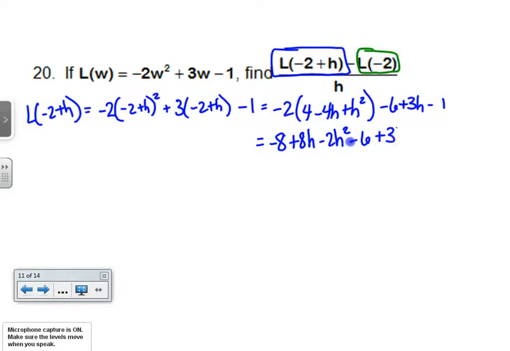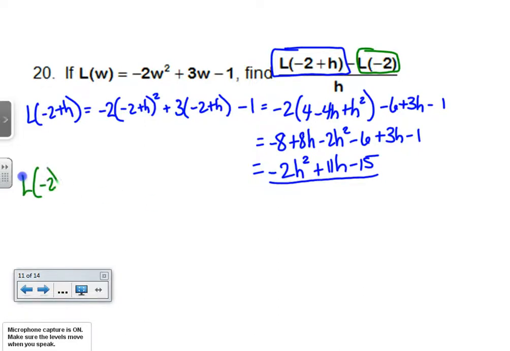Just rewrite the rest of it for now. Almost done. You can combine this in any order you want. I'm going to kind of go in standard form order because that helps me keep track of things. Negative 8 minus 6 is negative 14, negative 15. Okay. This is the blue function. Hold on to him. We'll come back to him in 1 second.